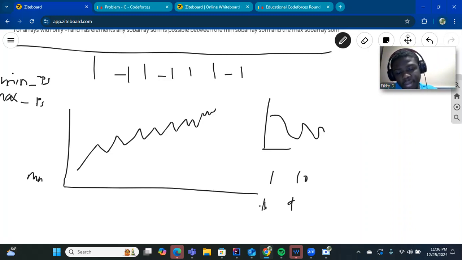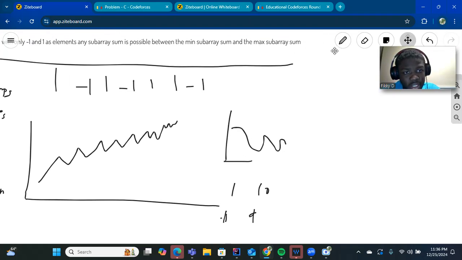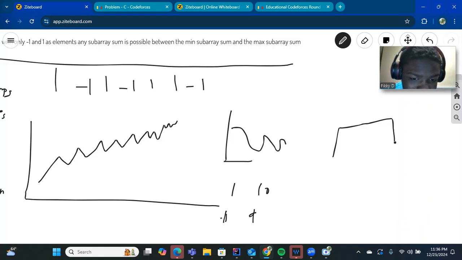Like the idea is that you have all these integers available to you. It should be very obvious that if the prefix sum array graph is continuous, then to me it makes sense that the subarray sum graph, all the possible subarray sums you can make, is also continuous in the sense of integers.